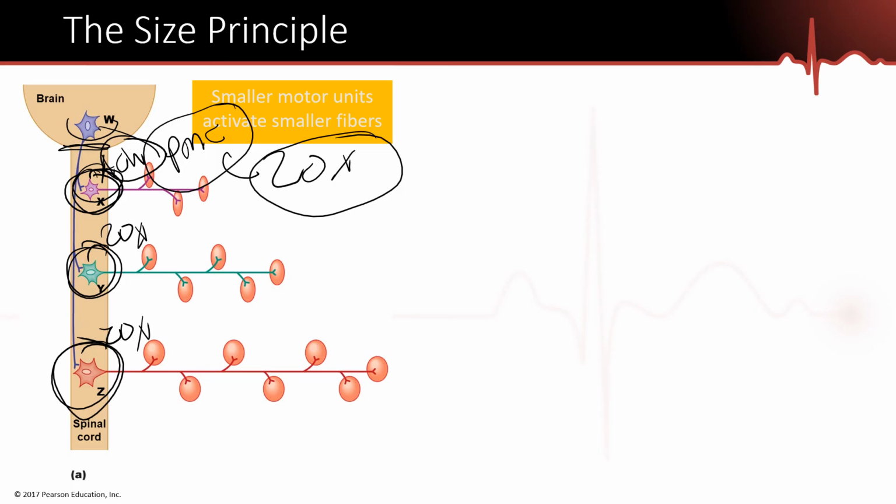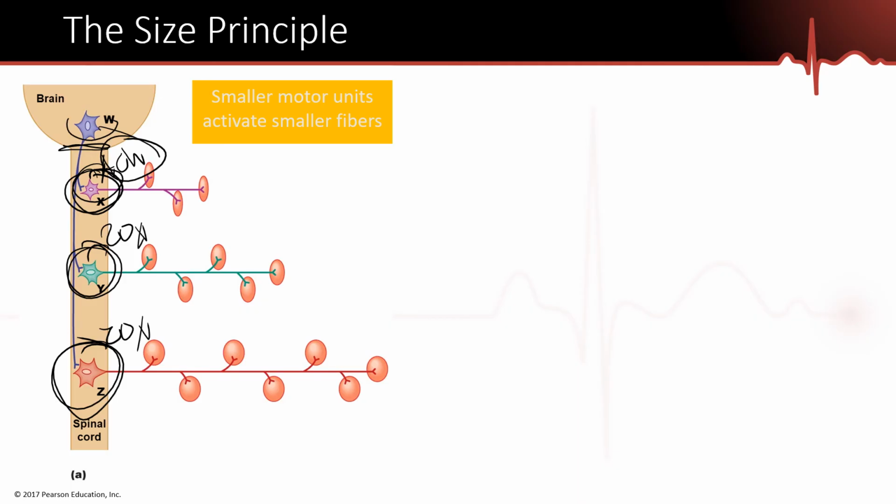We already know that all you need to do is release ACH 10 times over the course of a second onto alpha motor neuron X to get it to threshold. So clearly, under this circumstance, alpha motor neuron X is easily going to get to threshold, green check mark. Okay, these muscle fibers are going to receive action potentials, and they are going to contract.